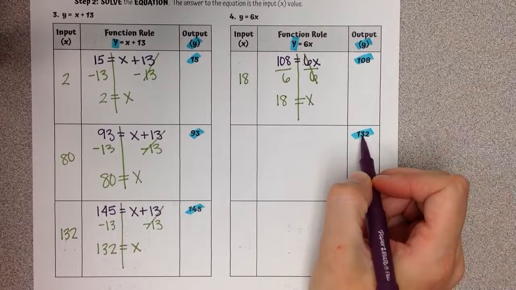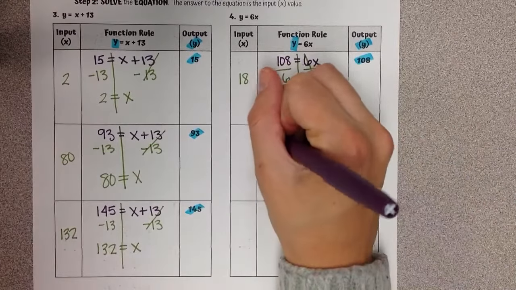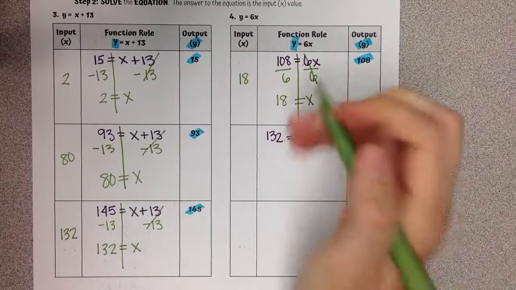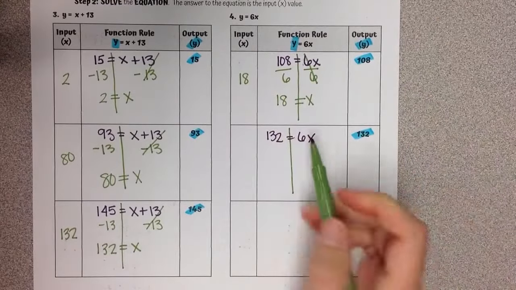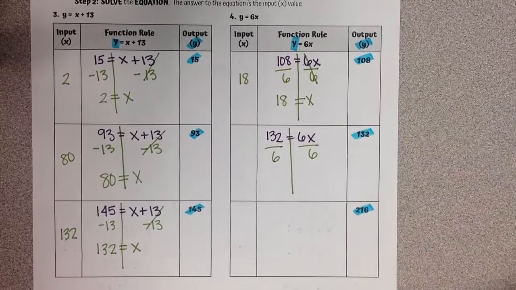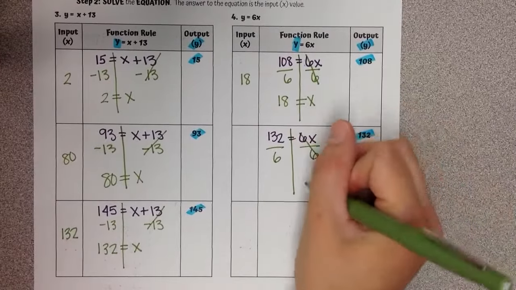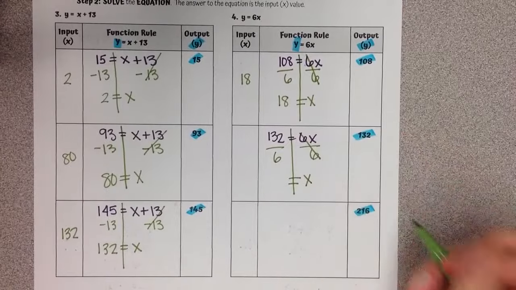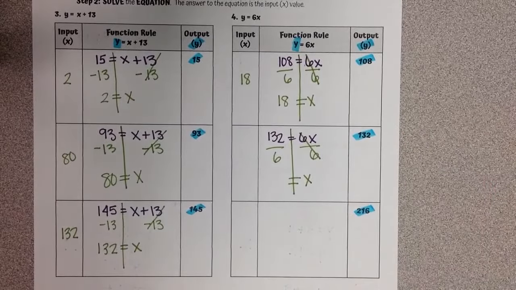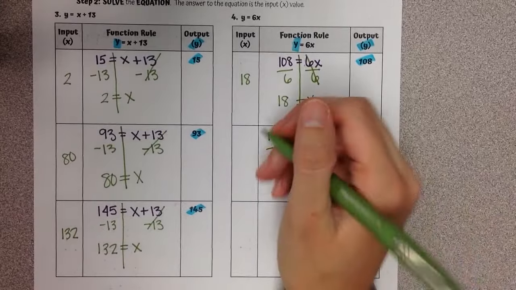For the second one here, 132 for y. Setting up that same equation. x is being multiplied by 6, so the opposite is to divide by 6. On the right, we're left with x. On the left, 132 divided by 6 is 22.